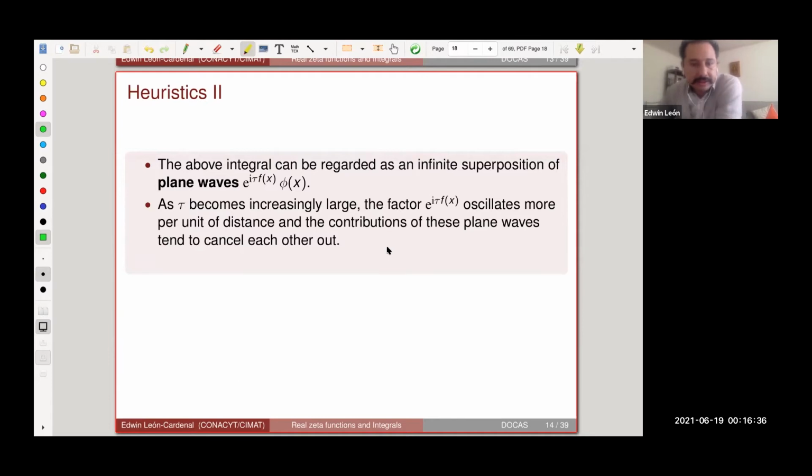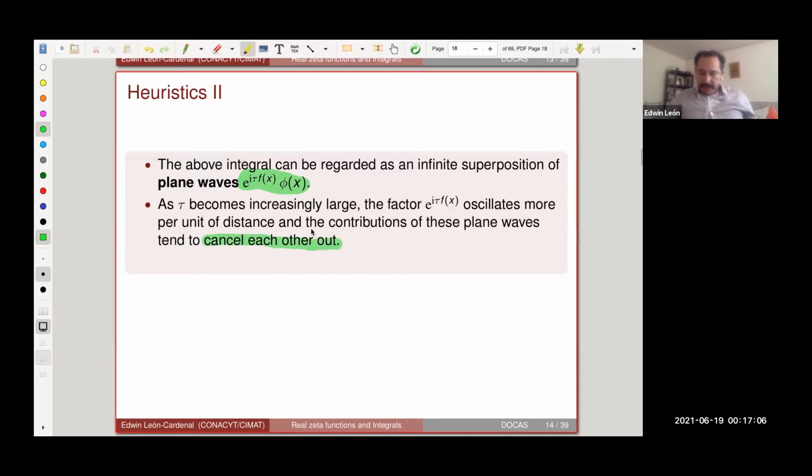The thing is that these things that are called plane waves are put one upon another, and the infinite superposition of these plane waves makes the total contribution cancel each other out.